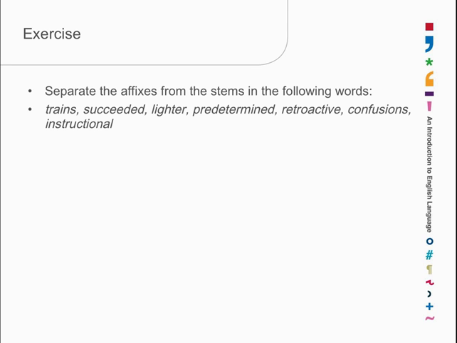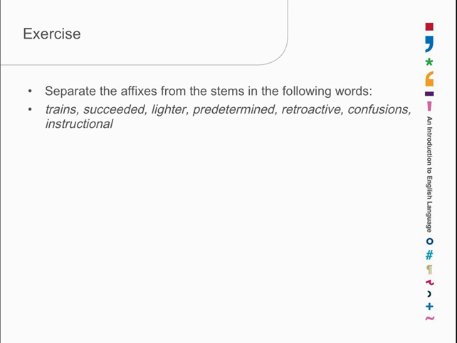In the case of confusion, the suffix comes off first because it's a plural, and then we have to ask, are there any more? And the answer is yes. We've got a verb confuse to which ion has been added. Can con become a prefix? Confuse. Probably not in English.